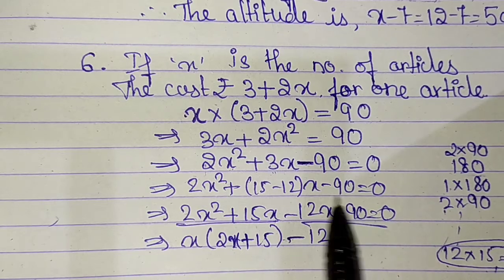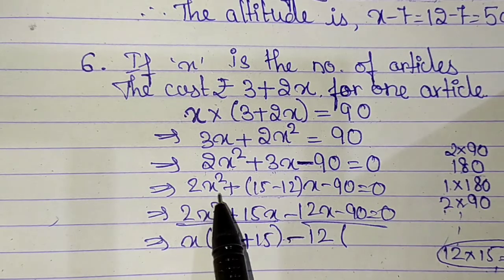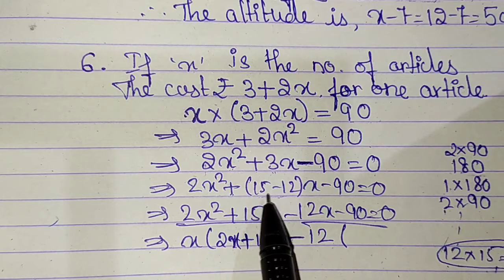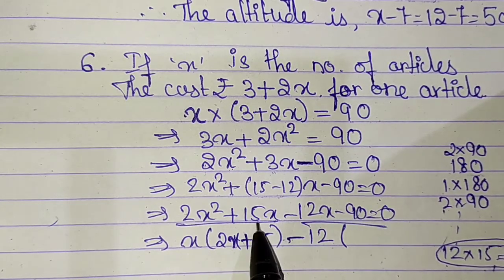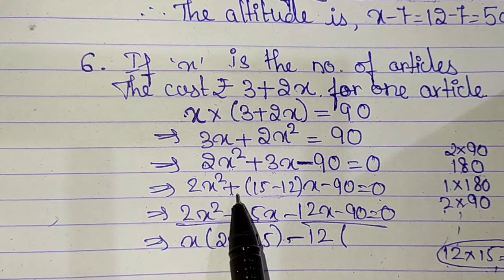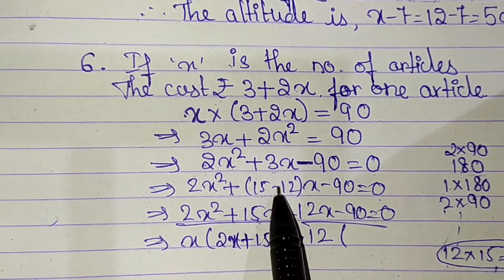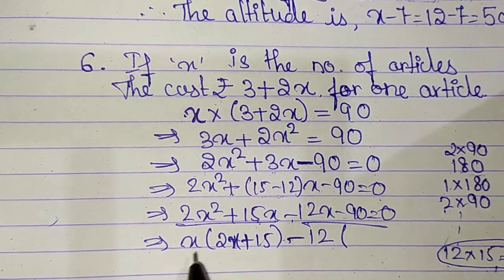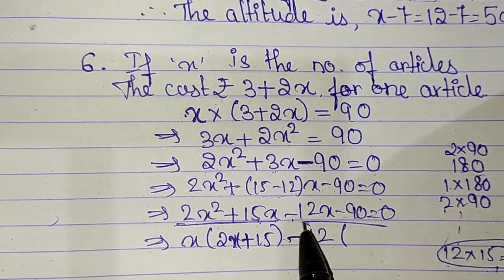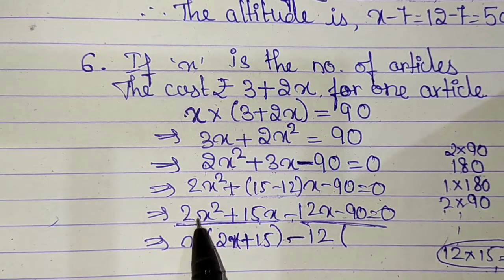So rewriting the equation by splitting the middle term, 2x square plus 15 minus 12 of x minus 90 is equal to 0. On opening the brackets, we get 2x square plus 15x minus 12x minus 90 is equal to 0.